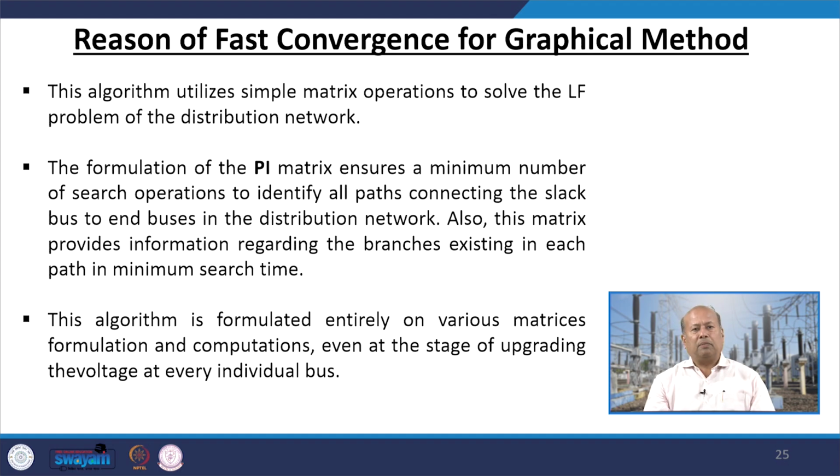The formulation of the PI matrix ensures a minimum number of such operations to identify all paths connecting the slack bus to the N bus in the distribution network. Also, this matrix provides information regarding the branches existing in each path in minimum time. This algorithm is formulated entirely on various matrices, formulation and computations, even at the stage of updating the voltage at every individual bus.